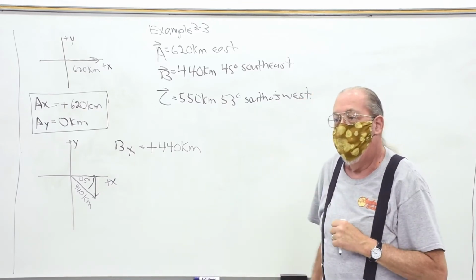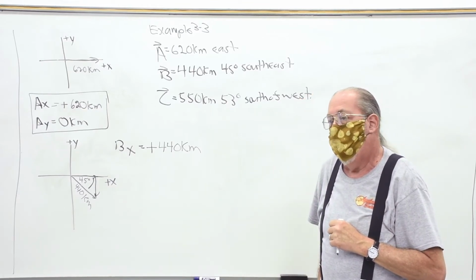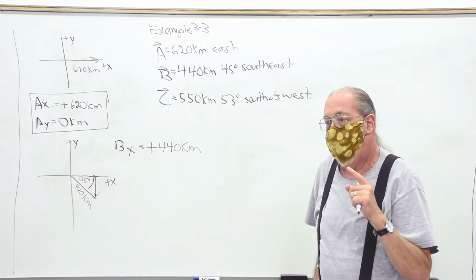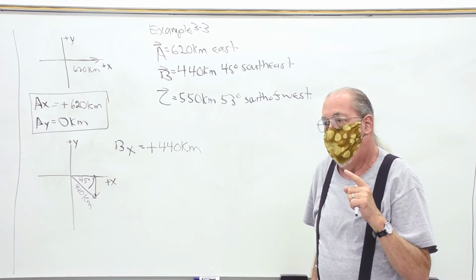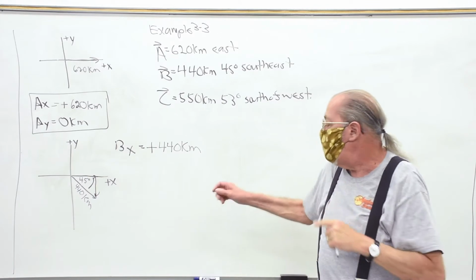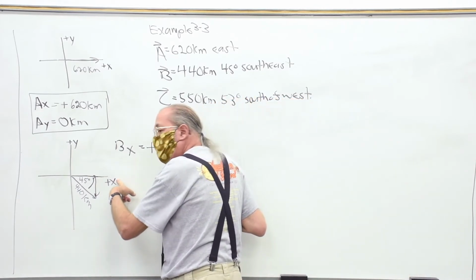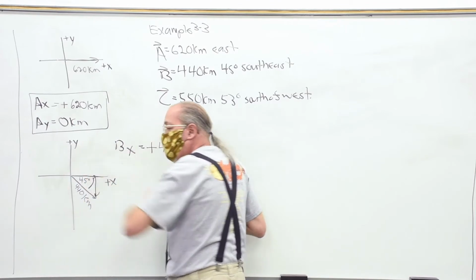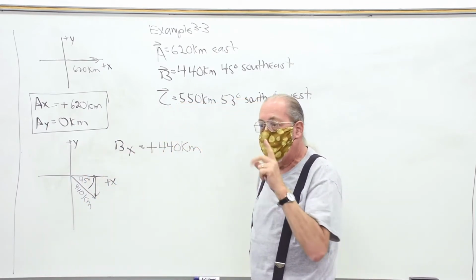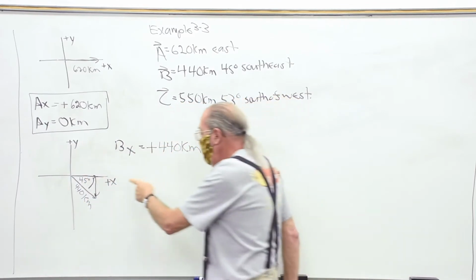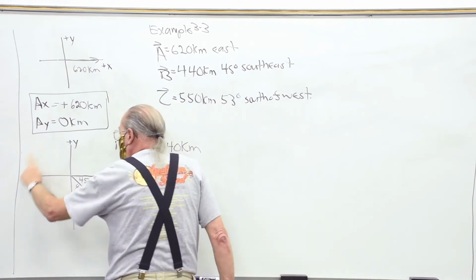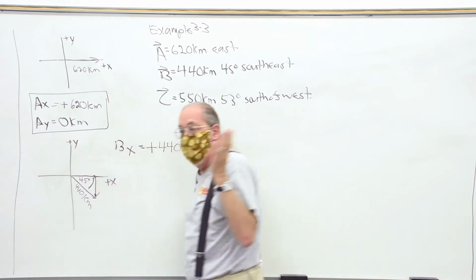Yes, ma'am? When you decide which side is positive, which is negative, is this like the last chapter where you can choose it? No, once I have chosen that to the right is positive and up is positive, that was where I made my arbitrary choice. I could have chosen plus over here and negative up there.